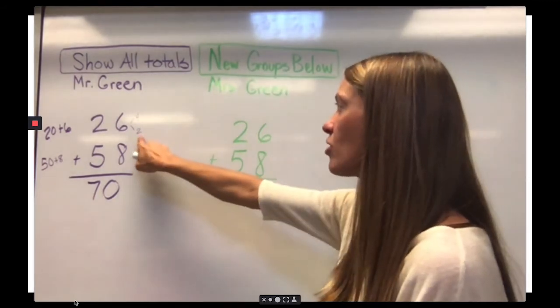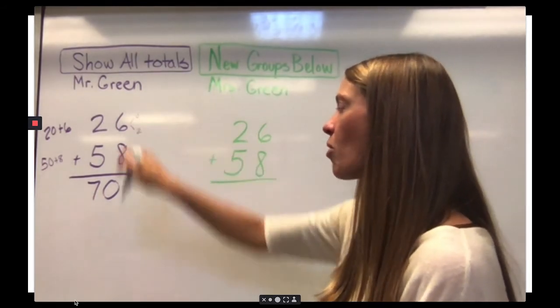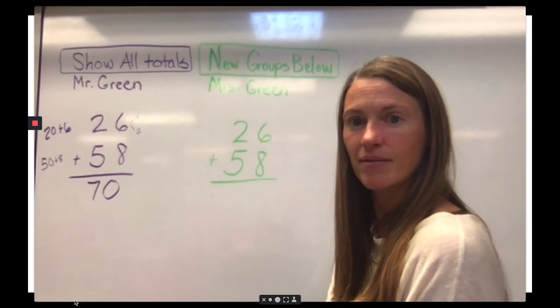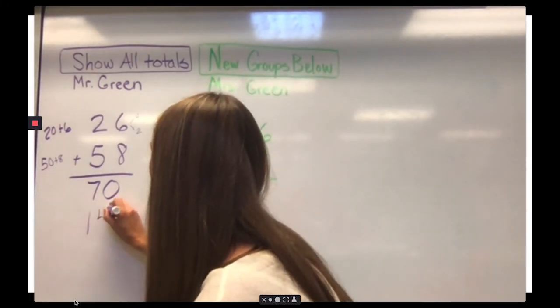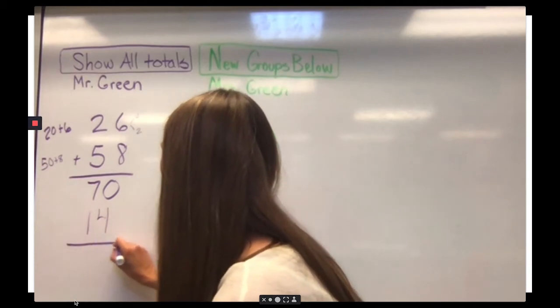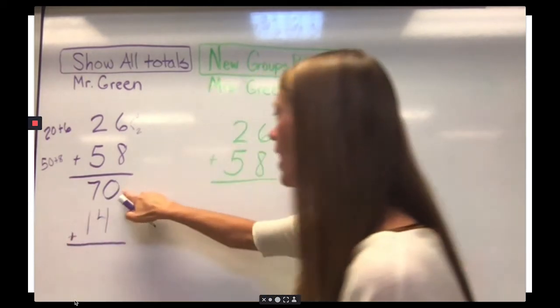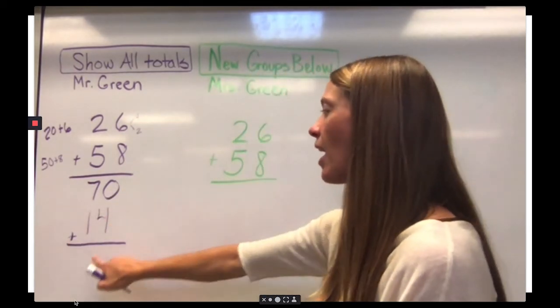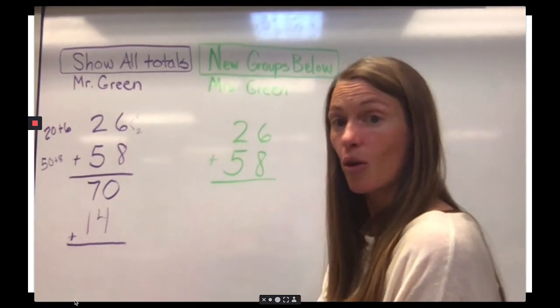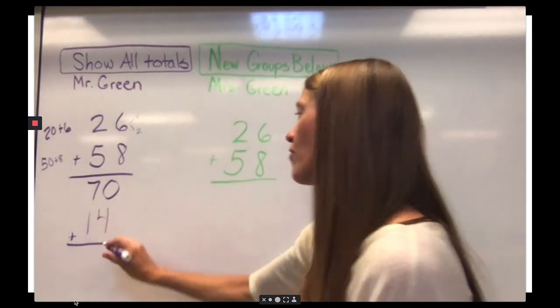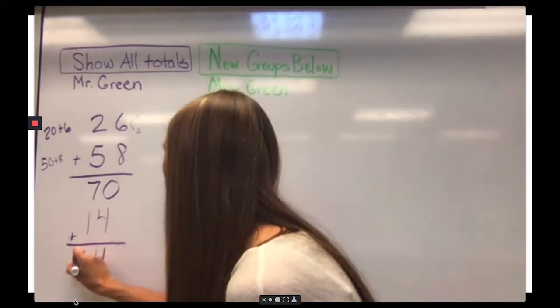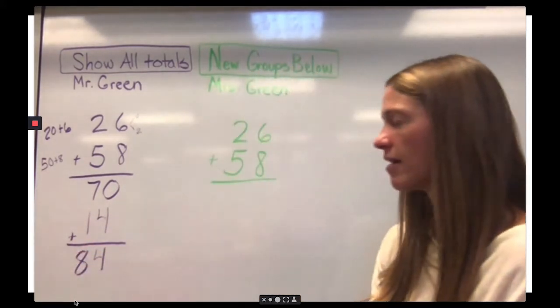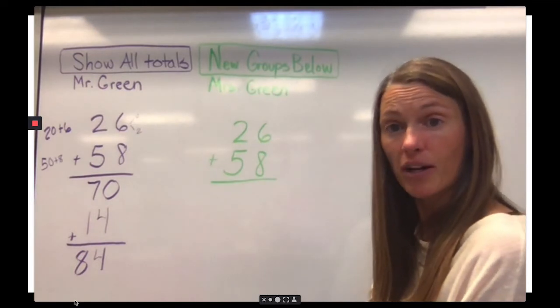So 8 plus 2 is 10, plus 4 more is 14. Here we go. 14. So I added my tens, I added my ones, and now I need to show all totals. I have 4 ones and I have 8 tens to get a total of 84.